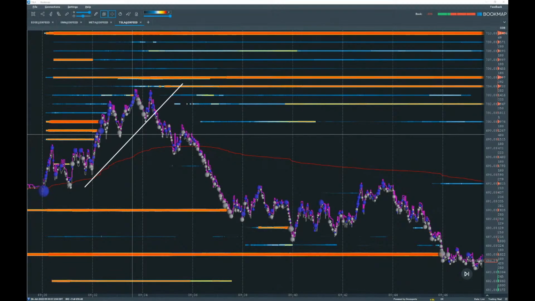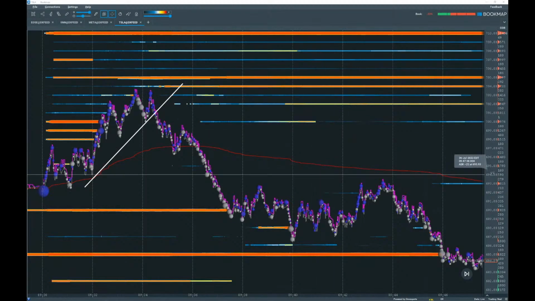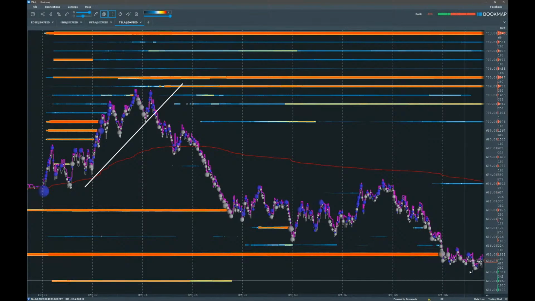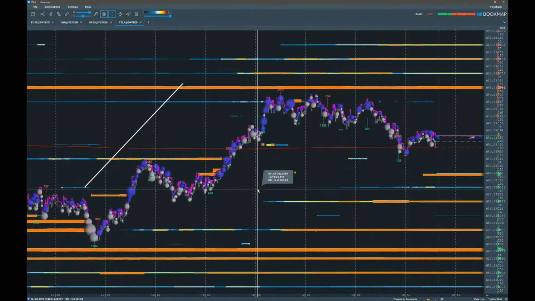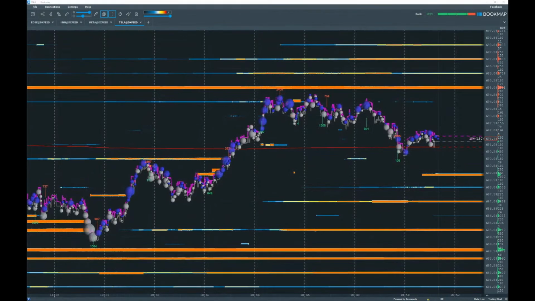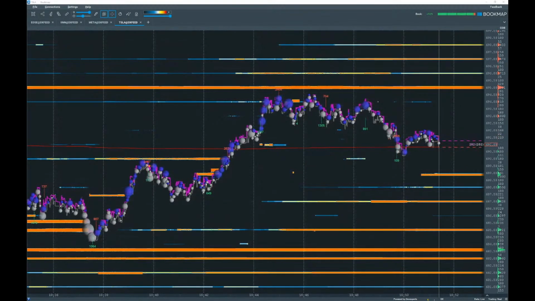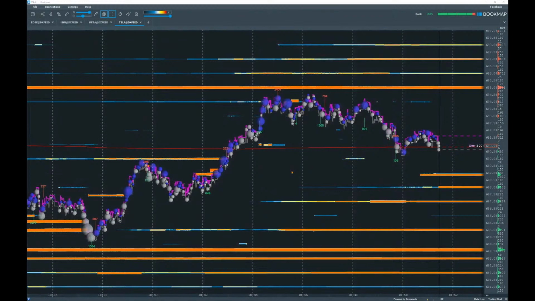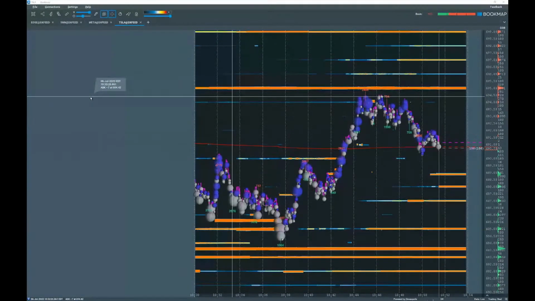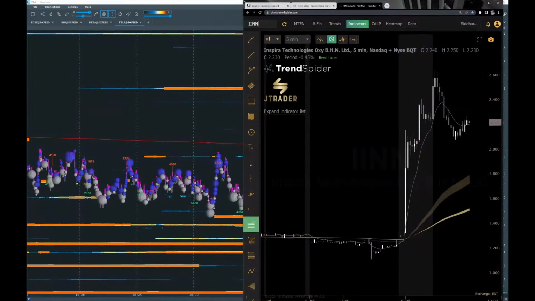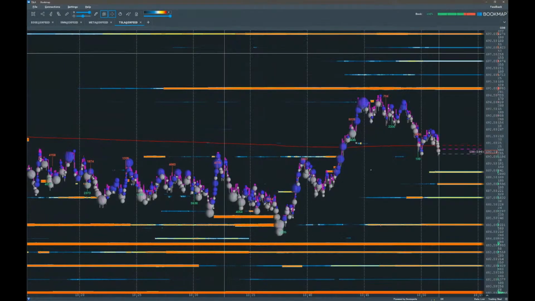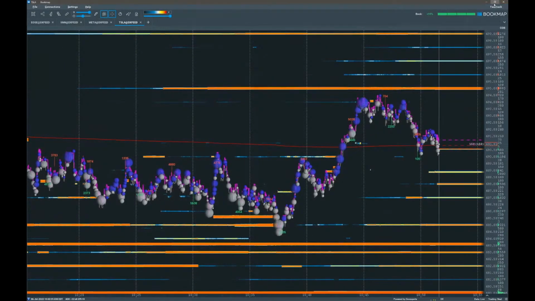So trend line break plus the level of intraday. Well, let's continue to look over here for setups.